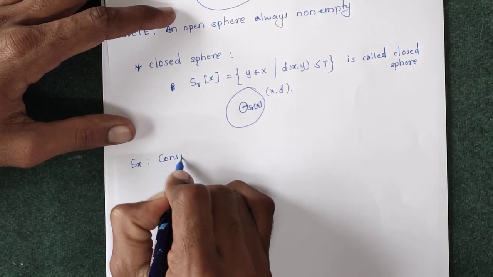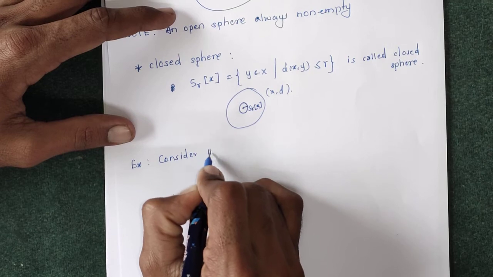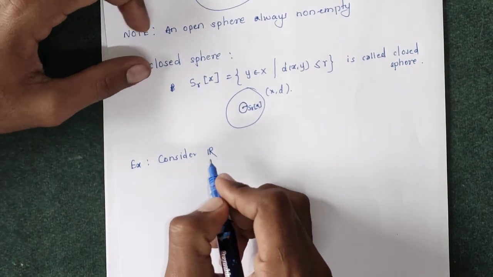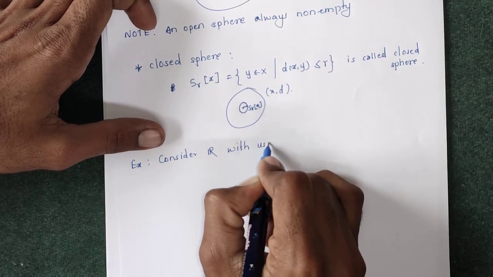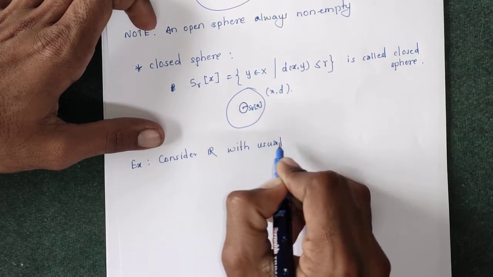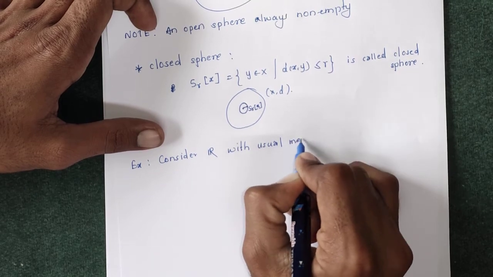Suppose, consider the real line R with usual metric. Usual metric means standard metric or absolute value metric.